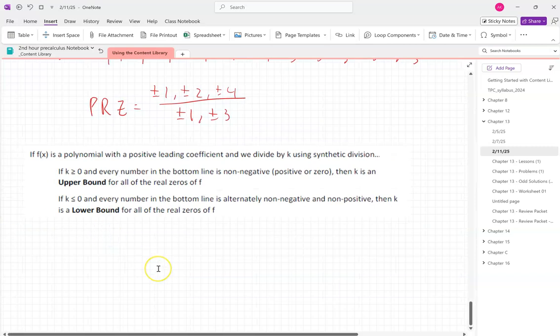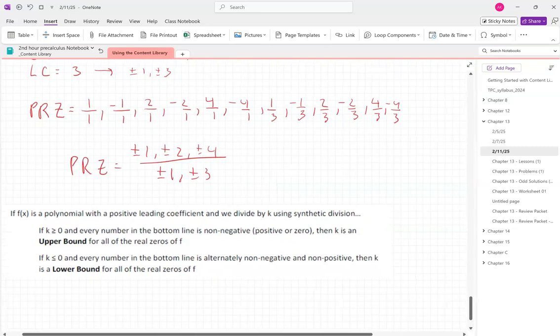So this theorem says if f of x is a polynomial with leading coefficient, we divide by k using synthetic division. If k is greater than or equal to 0, and every number in the bottom line of our synthetic division problem is non-negative, meaning positive or 0, then k is an upper bound for all the real zeros of f.